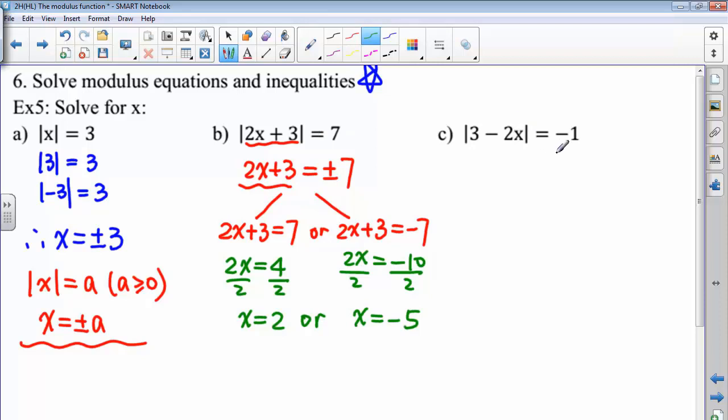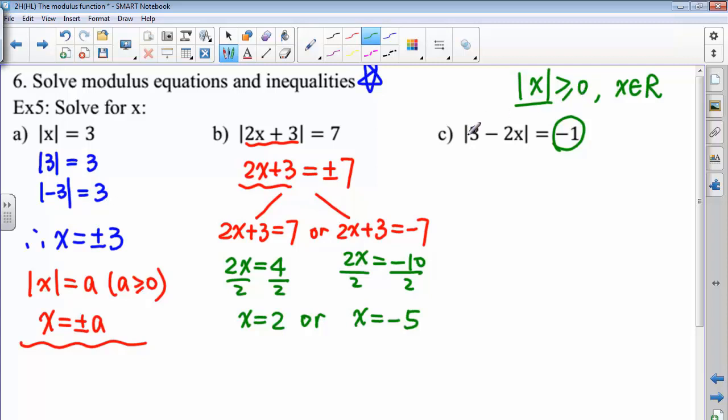Let's look at this one. This one is a little bit different because this side is negative 1. But we know the absolute value of x is always larger than or equal to 0 for all real number values. No matter what the x is, once you put the absolute value on the x value, it will never be negative.